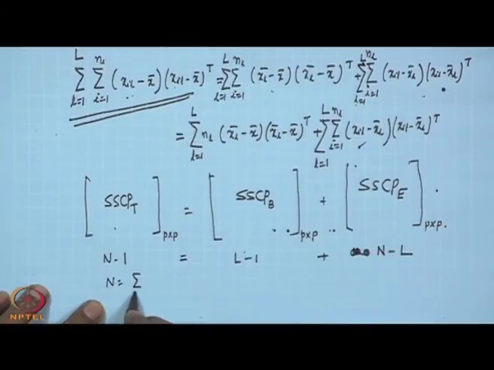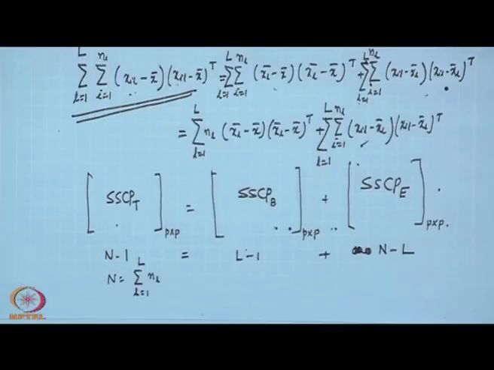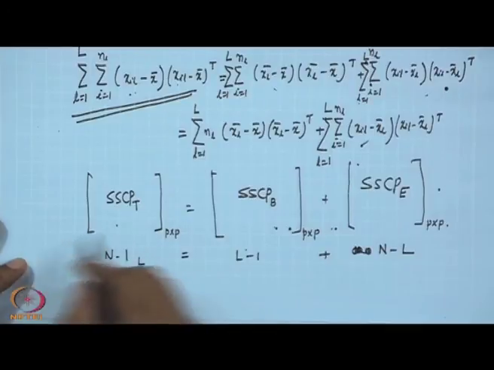Sum of nL, L equal to 1 to capital L, that is all the observations together. So, in ANOVA we partition SST into SSB and SSE. In MANOVA we partition the sum square cross product matrix of the total into between population and error, correct.